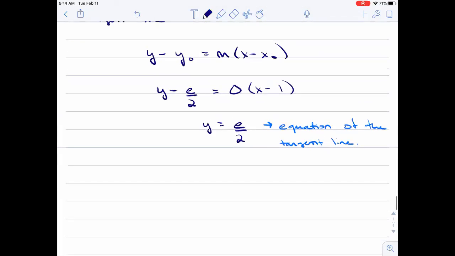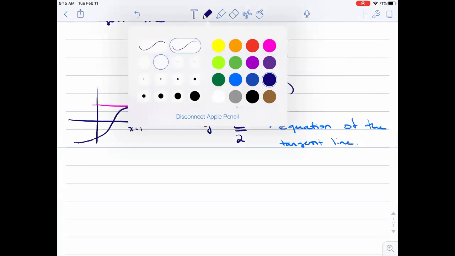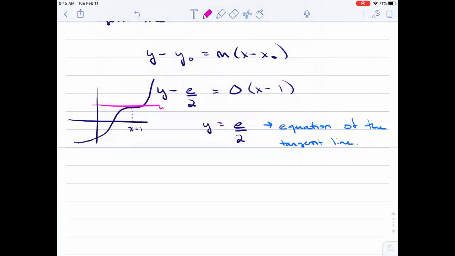If we're curious, the graph would look something like this, but this is where Desmos just comes in and saves the day. Something like this, I'm pretty sure. Not really to scale here. y equals e over 2.